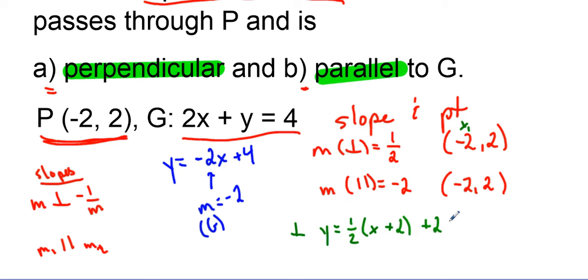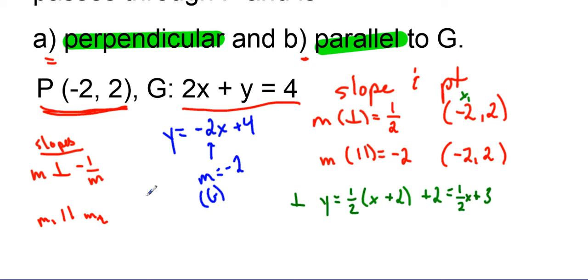If you want to simplify this, you can distribute it through. 1/2 times 2 is 1, and 1 plus 2 is 3. So that would be y equals 1/2 x plus 3 if you wanted slope-intercept form. That's the perpendicular line right there.